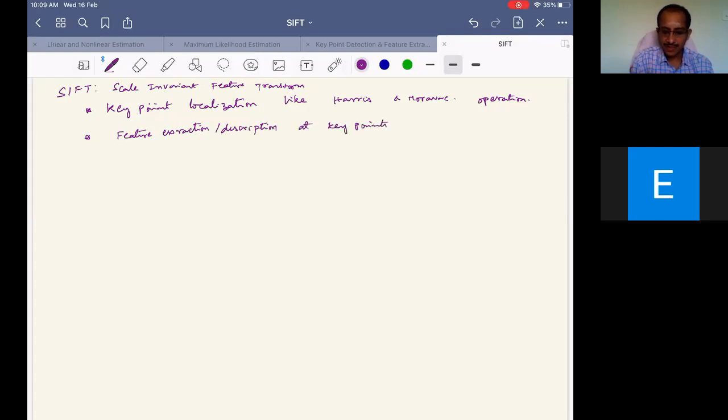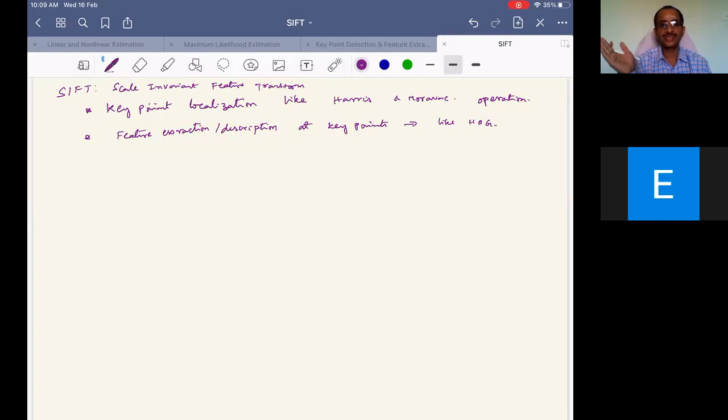This also uses a similar approach like histogram of oriented gradients, but has a better feature in terms of normalizing the description of the key point with respect to a particular orientation at the key point. So it finds the description with a reference at each of the key points, and hence this is somewhat more invariant to rotation.